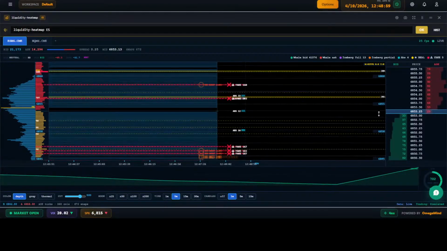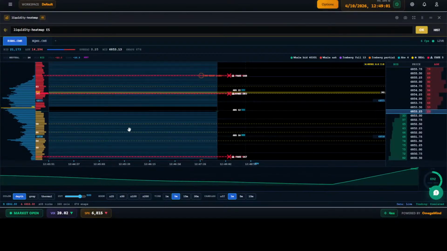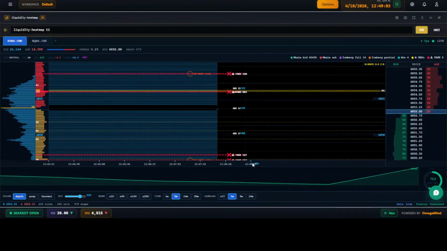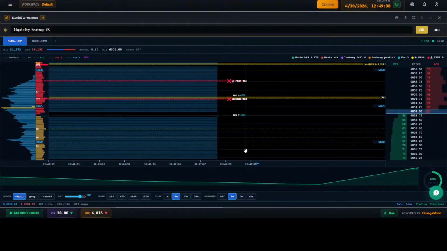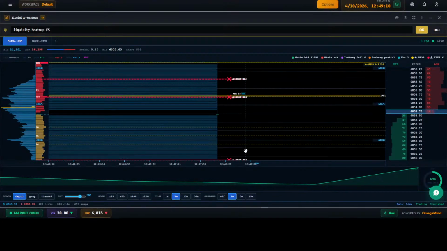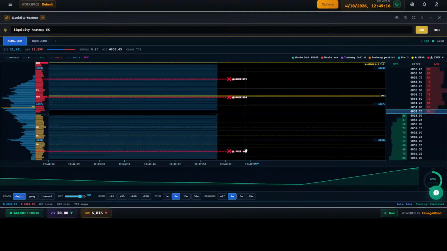Let me expedite this. Interesting, because on the bottom yours is green, the CVD buying is red.